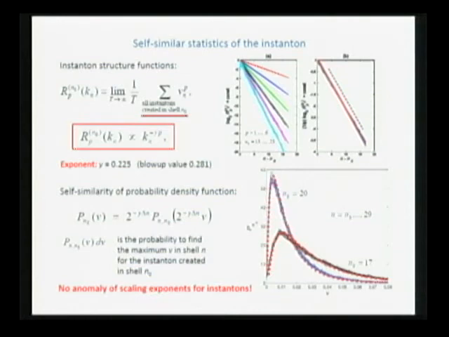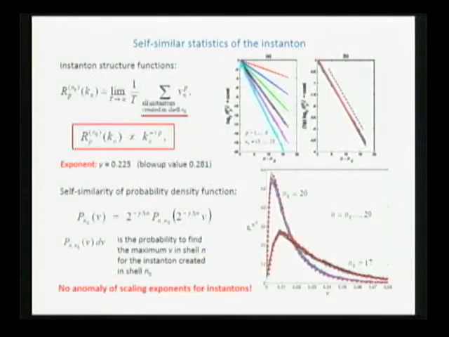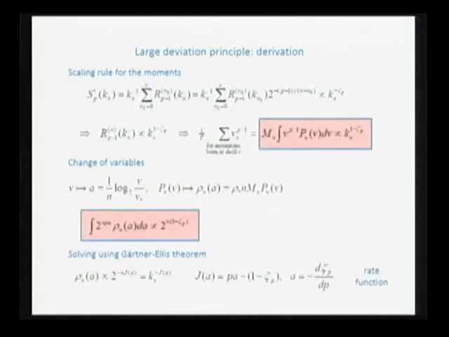Well, if we want to find this probability density function, I don't have time to give you details. So what we do? Well, this is just some derivations. Essentially, instead of the velocity, we take the logarithm, and instead of a probability density function, we just scale it in some way. And the idea is, using this self-similarity, we can come down to this relation.